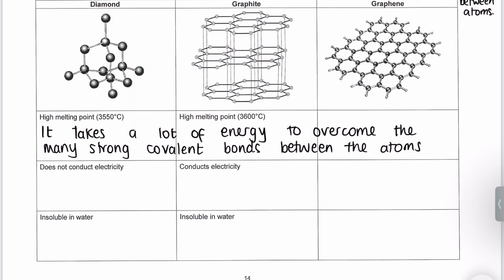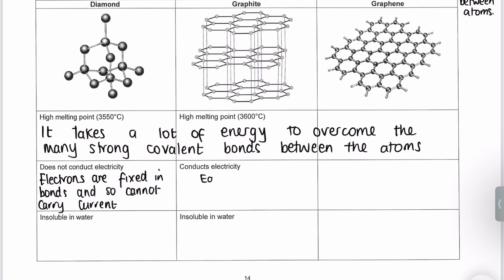Then it says that diamond does not conduct, but graphite and graphene do conduct. That is because in diamond the electrons are fixed in bonds and cannot move, so they cannot carry current. Whereas in graphite and graphene, each carbon only makes 3 covalent bonds.